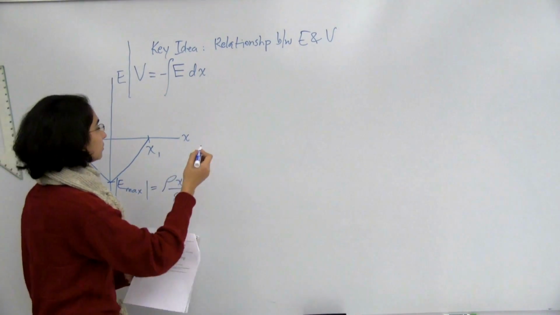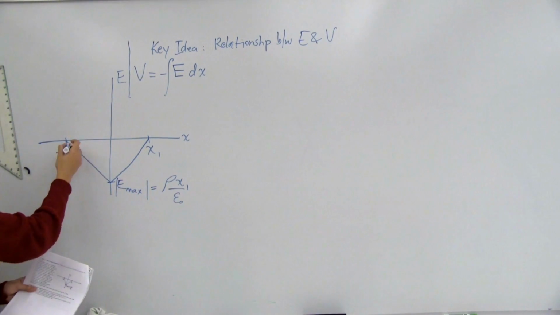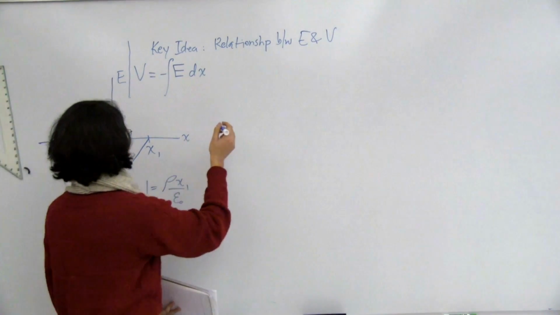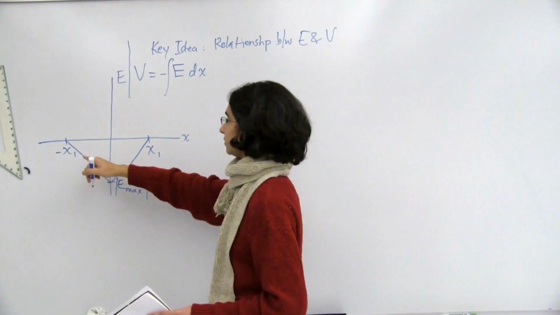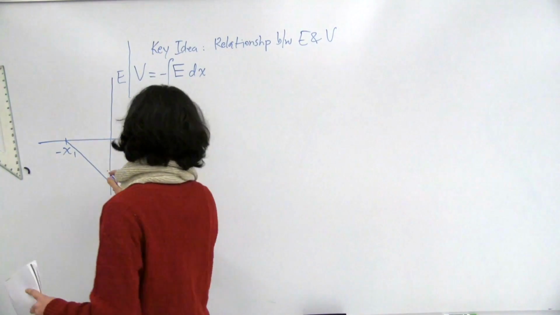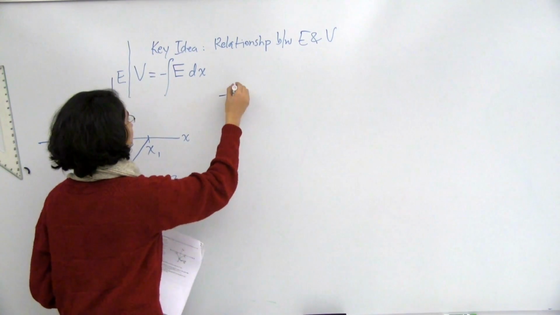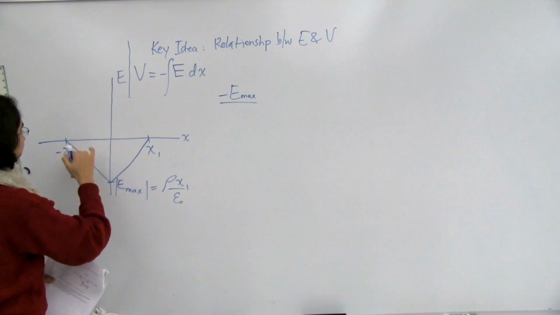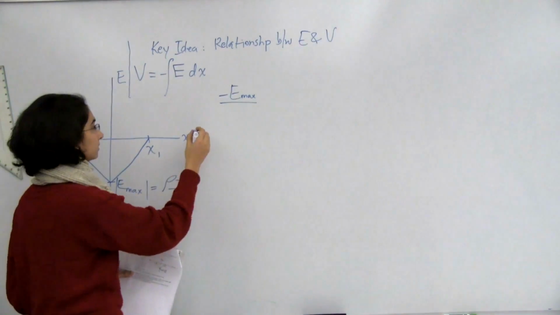So for the first part, I can find an expression for this line. What I need is the slope, which is rise over run. The rise is negative E max, and the run is a positive x1.